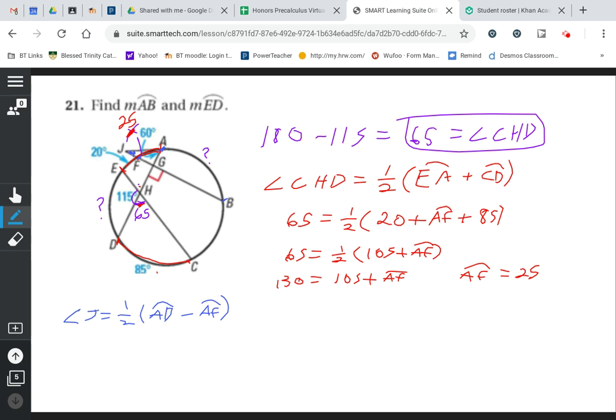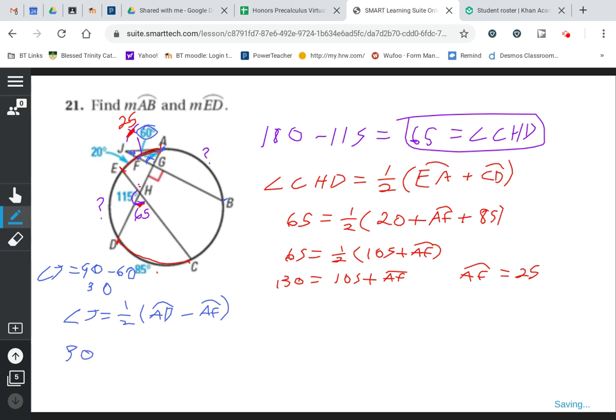Now, here's where this comes in handy. We know that angle JAG is 60 degrees because it's told to us right there. We also know that at G, that's a right angle. So that makes a right triangle, which means, guys, angle J is equal to 90 minus 60. So it's 30.